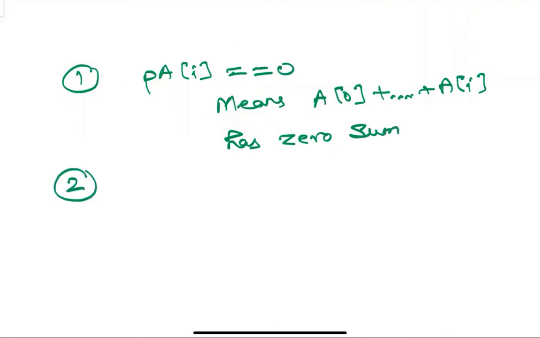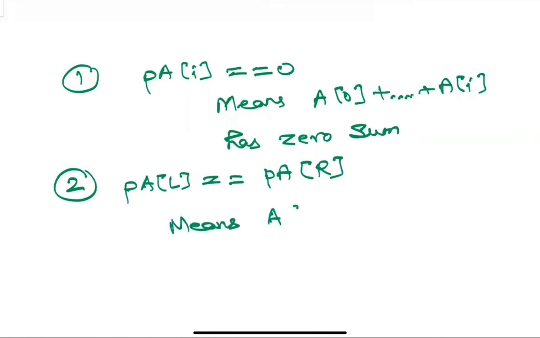Second observation we made is, if PA of L is equal to PA of R, what did we conclude? The subarray sum is 0. That means AL plus 1 to AR has 0 sum.